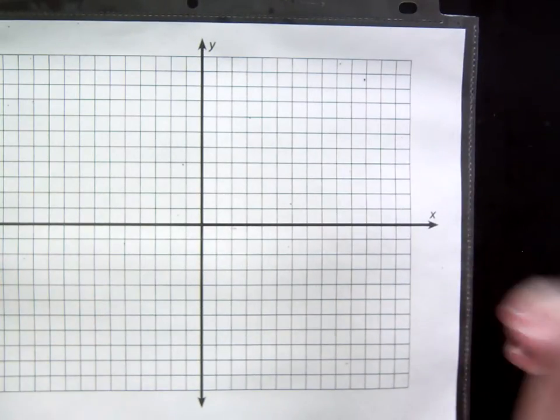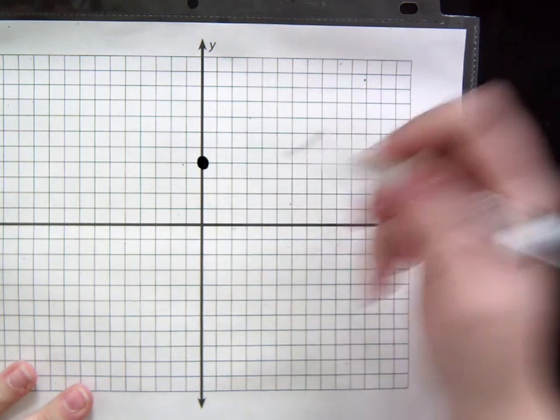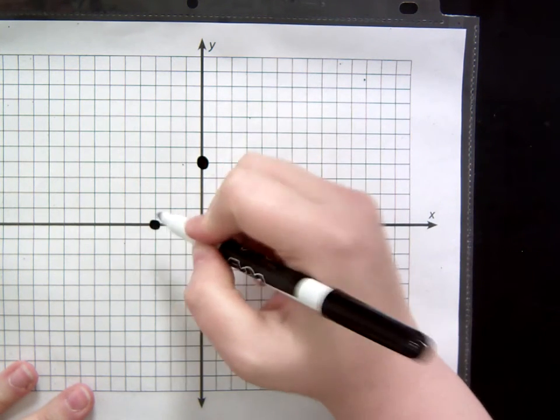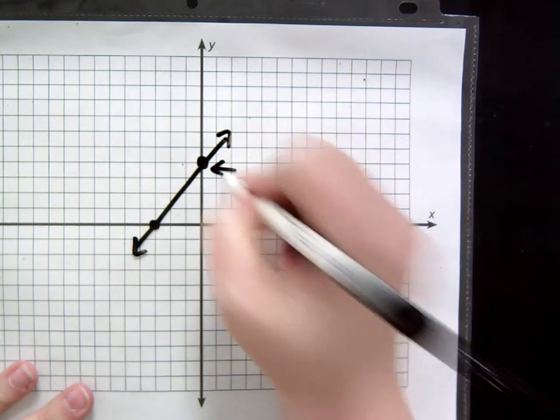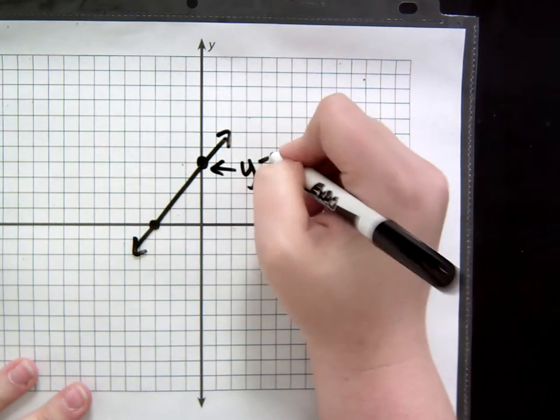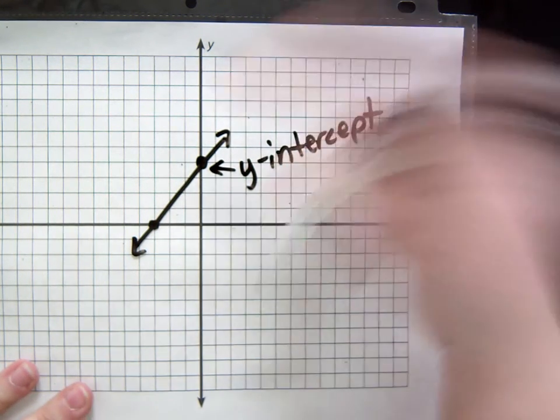So now let's talk about intercepts. An x and y intercept are where they intersect the x and y axis. So as an example, we might have a line intersect here and here. Okay? This point is the y-intercept because this is where it intersects the y-axis.